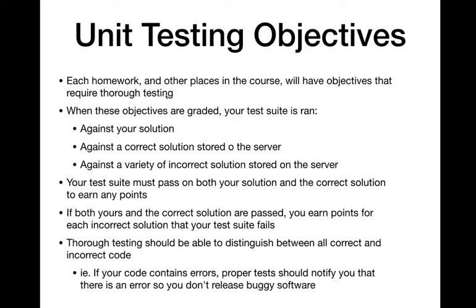So for grading, if you don't pass both of the correct and your solution, that's just a flat out 0. You've got to at least pass those ones. Your test suite has to pass those ones. So like I said, just assert true would do that. And then after that, for each incorrect solution that your test suite fails, you're going to earn a fraction of points. Those points will be linear.